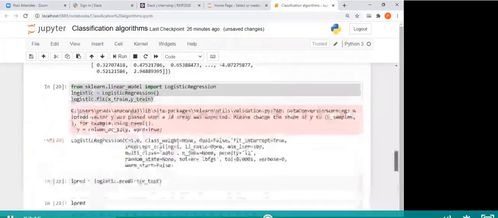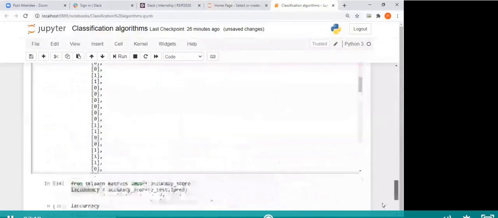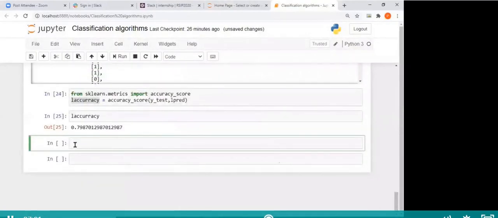It is the confusion matrix. So first let's find the confusion matrix. What is this confusion matrix? Tomorrow I'll tell you, but remember you have to calculate the confusion matrix for the classification algorithm.